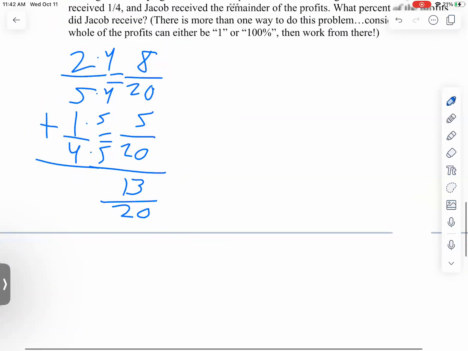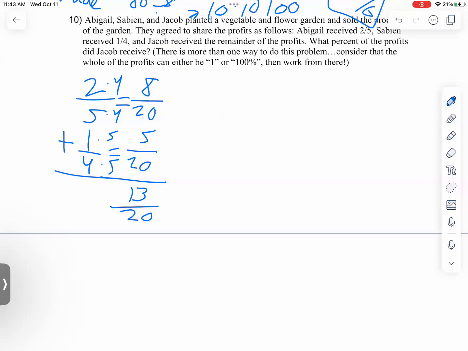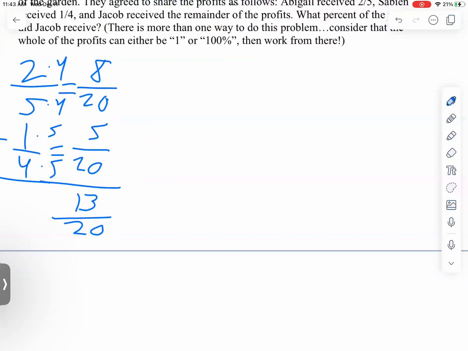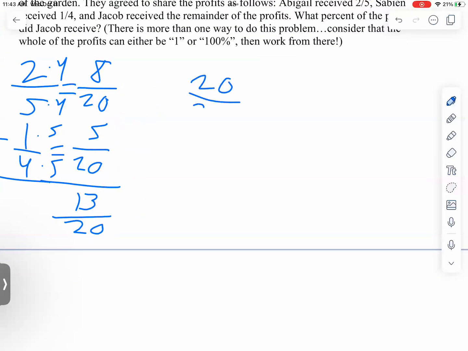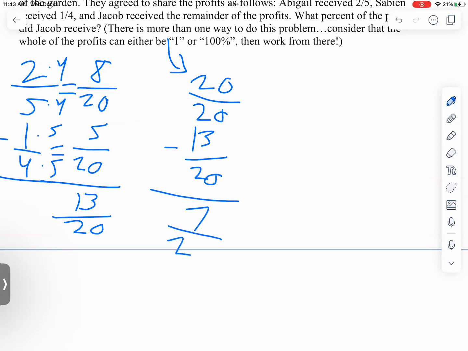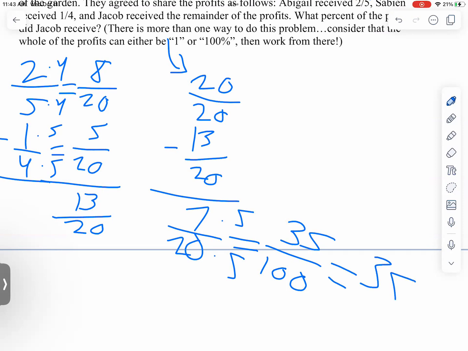Then, if he got the rest of it, well, the whole thing would be 20/20ths, right? One whole is 20/20ths. So if we take away the part that the other two guys get, we already have a common denominator. So we would see that he would get 7/20ths. However, I want a percent, and a percent is out of 100. So we would do times 5, and we would get 35%.